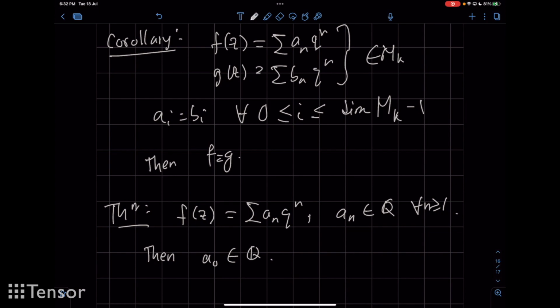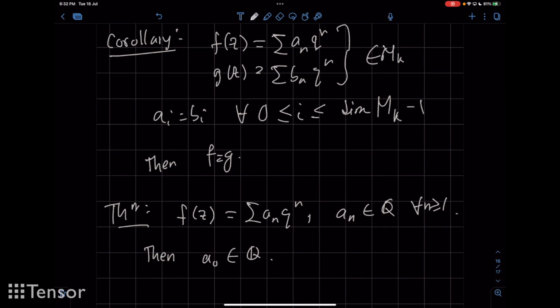And now we are saying that if all the positive coefficients are rational, then so is the first coefficient. So although the first coefficient is independent of the next d minus 1 coefficients, the rationality of the rest of the coefficients can give us some information about it.